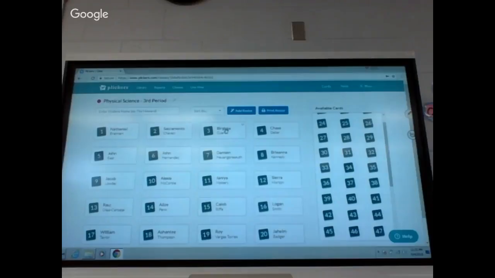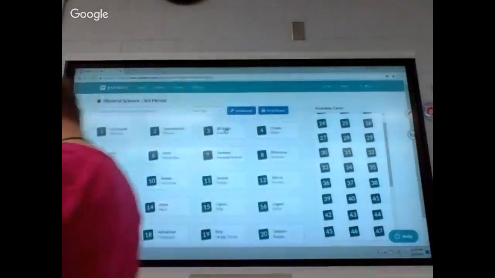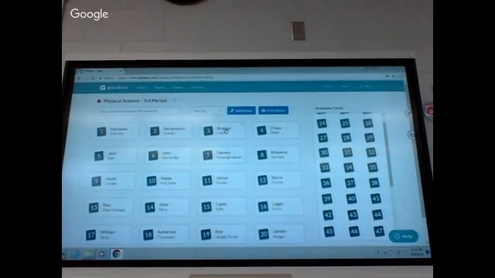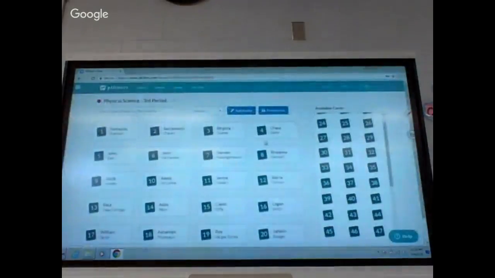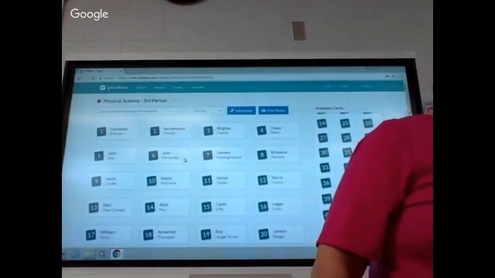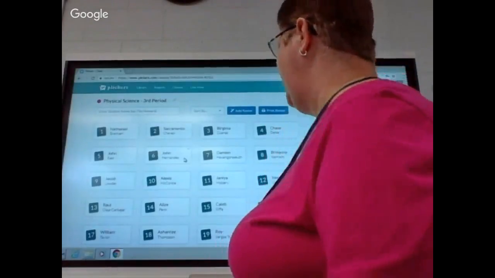Raul's got a misspelling. All right, let's edit Raul here so he's not misspelled. Well, let me fix it. Save. All right, you're 6. John Hernandez is 6. Do you not have a 6 up here? Who took card 6? Jacob is 9.